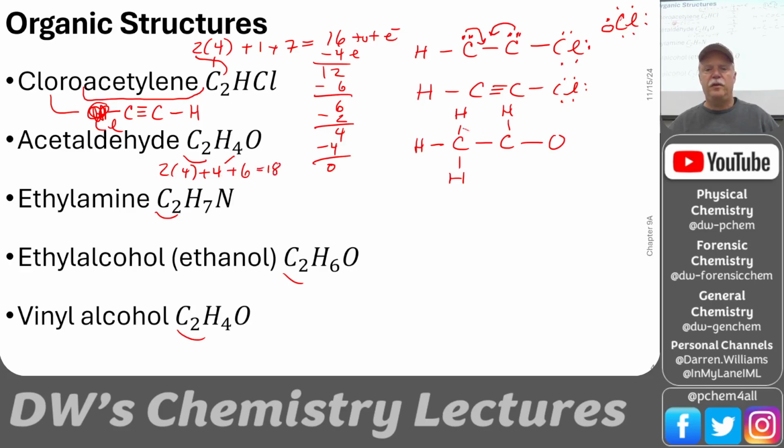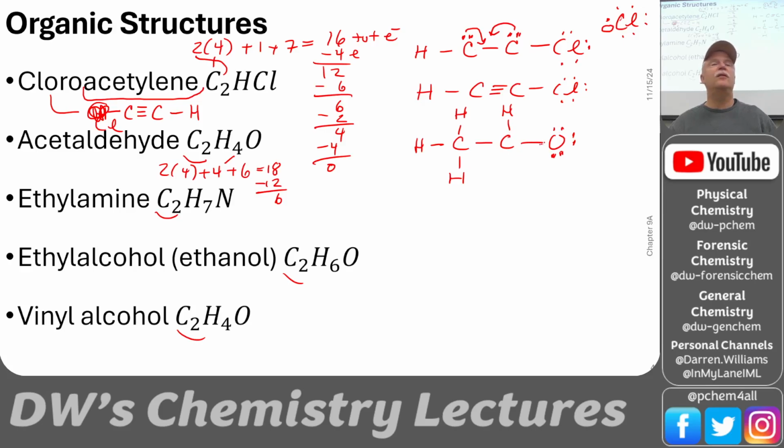Okay, so we've used up 2, 4, 6, 8, 10, 12. We've got 6 left. So we can go 1, 2, 3, 4, 5, 6. Let's put all 6 on the oxygen. Why would we do that? Why wouldn't we put 2 on the carbon? It's the electronegativity thing.